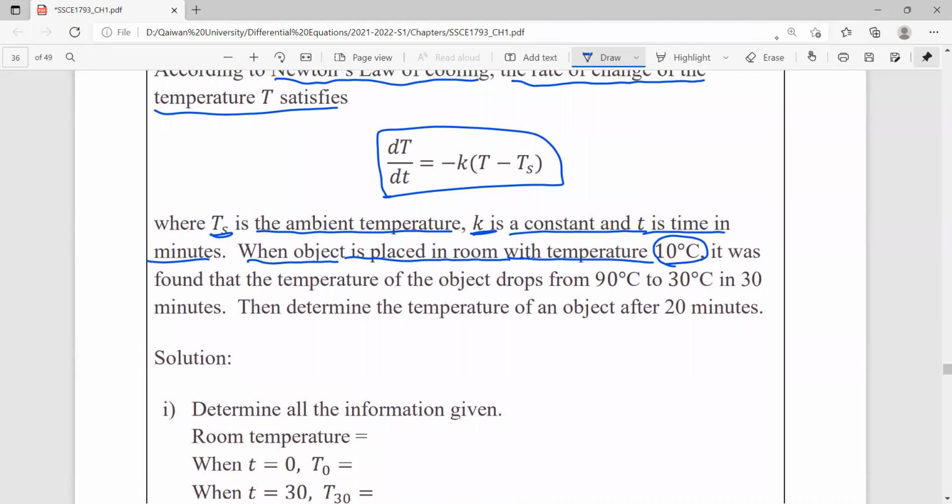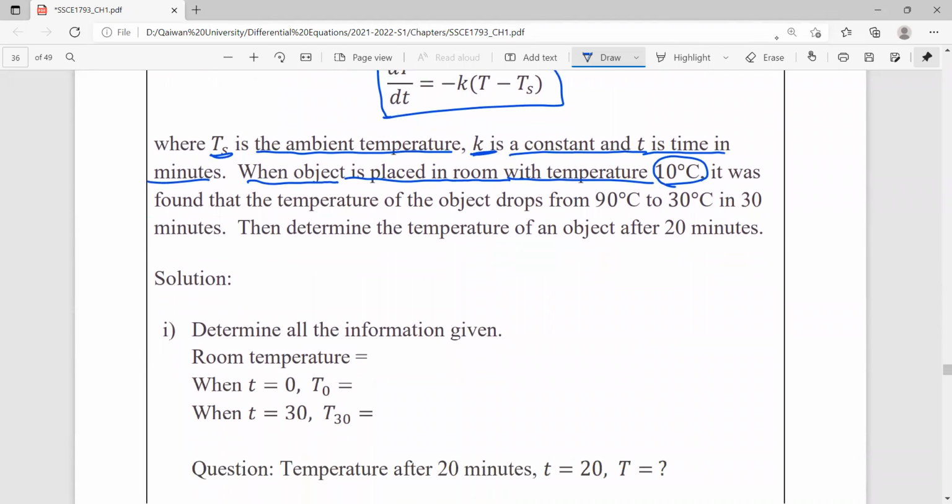We are going to write down all the information. The room temperature equals Ts, which is 10 Celsius degrees. Then it says the temperature of the object drops from 90 Celsius degrees to 30 Celsius degrees in 30 minutes.